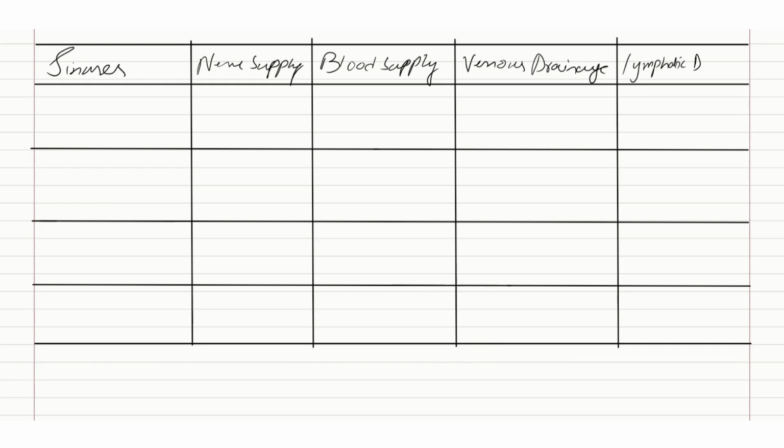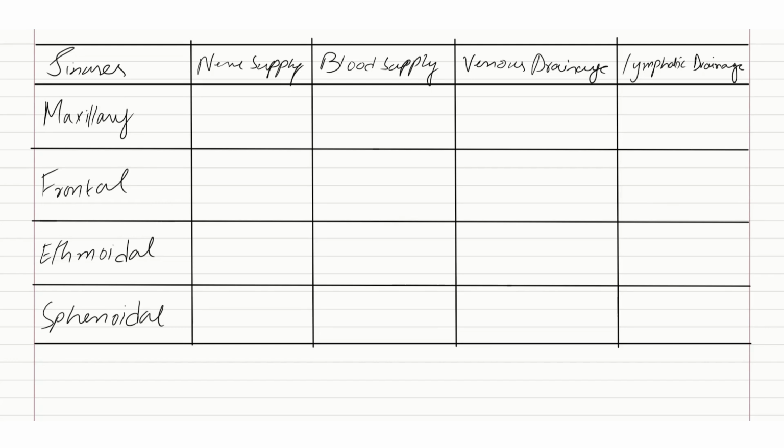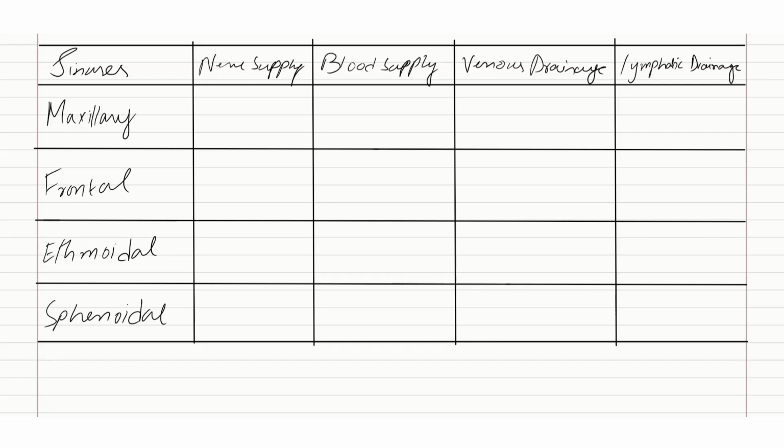Let's make a table. Now, the nerve supply of the maxillary sinus is infraorbital nerve and alveolar nerves.